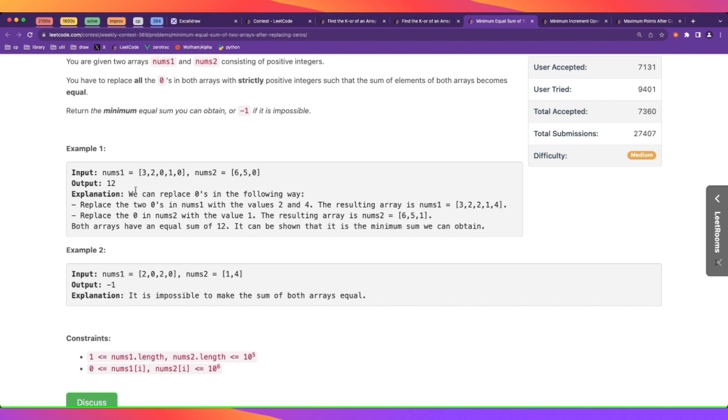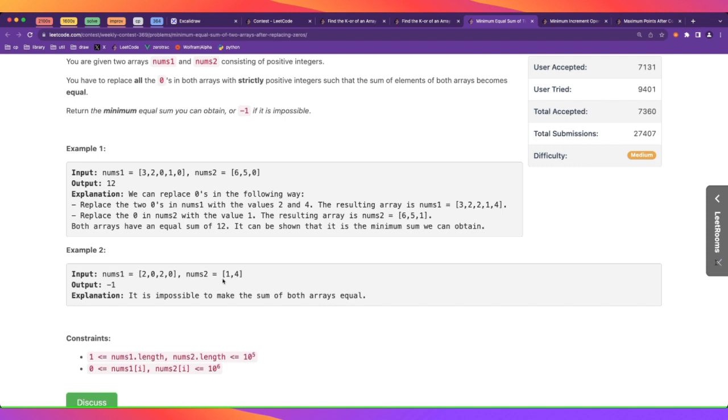And in example 1, there are zeros in both arrays. So I think if you have at least a 0 in each, then you will be able to get an equal sum.